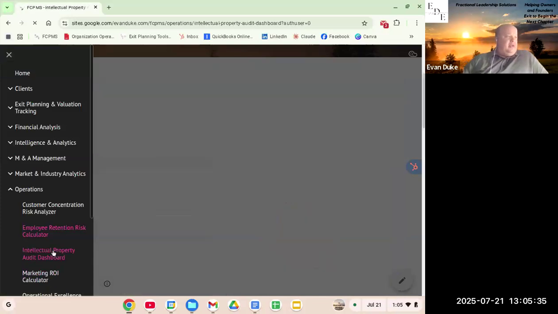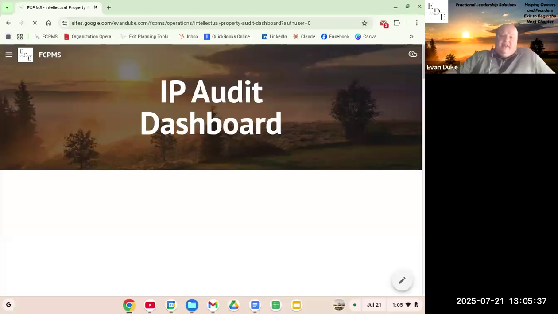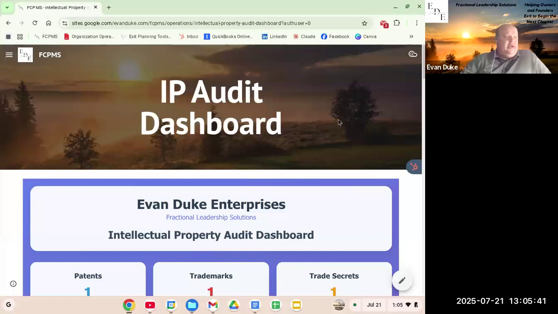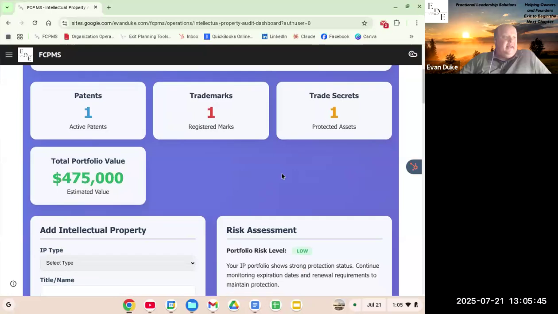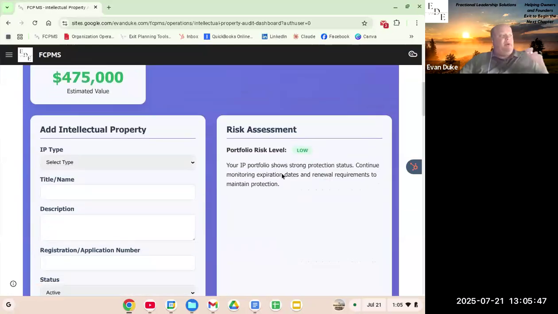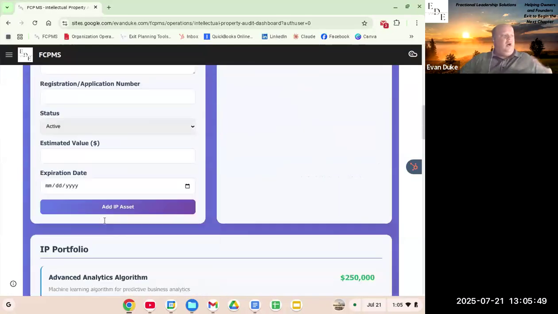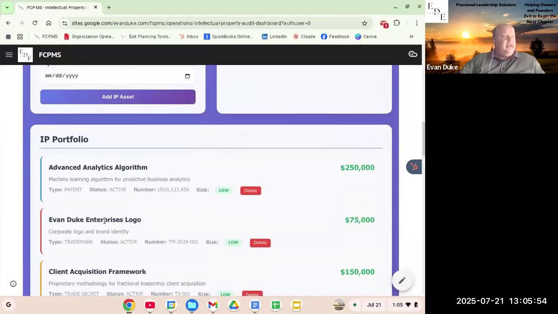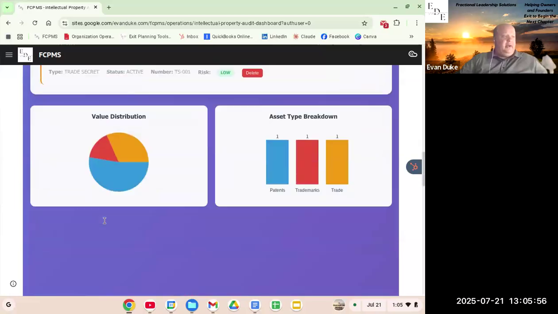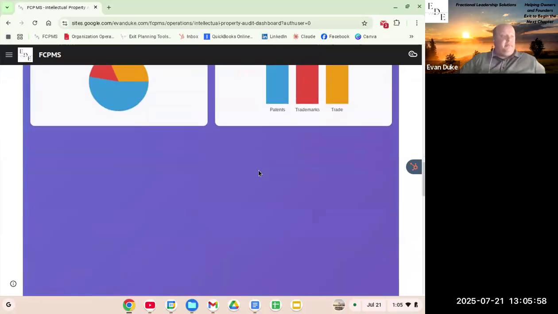The intellectual property audit dashboard is something that, unless we're dealing with a lot of proprietary secrets, we're probably not going to use. What we would do is enter in all of the IP that we have, and it would show the value distribution.